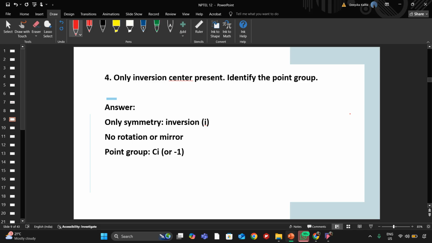It will be C2 plus sigma h, which is also known as inversion. In this particular question we have only an inversion center present, no rotation or mirror plane symmetry operation. So the point group will be Ci, or you can denote it as -1 also.